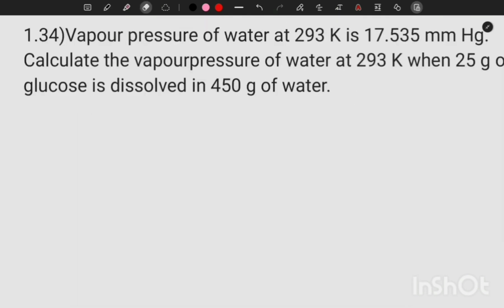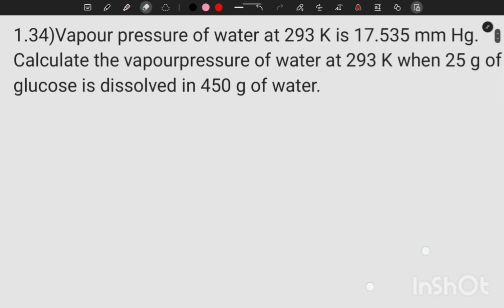Vapor pressure of water at 293 Kelvin is 17.535 millimeter mercury. Calculate the vapor pressure of water at 293 Kelvin when 25 gram of glucose is dissolved in 450 gram of water. Here vapor pressure of water, that is the pure solvent, we can write it as P1 naught is equal to 17.535 millimeter mercury.